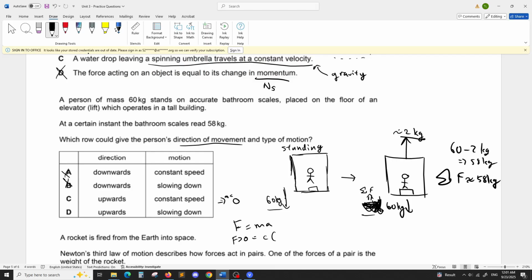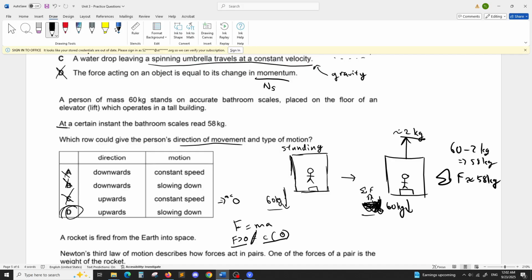If we say that we're going at constant speed, that means our acceleration is 0. This does not make sense at all because our force is greater than 0, but we have it equal to a 0 value. So there's no way it could actually be C, mathematically, at least, theoretically. And then we have D. That's the only viable answer that's slowing down, because that means that our acceleration is non-zero.